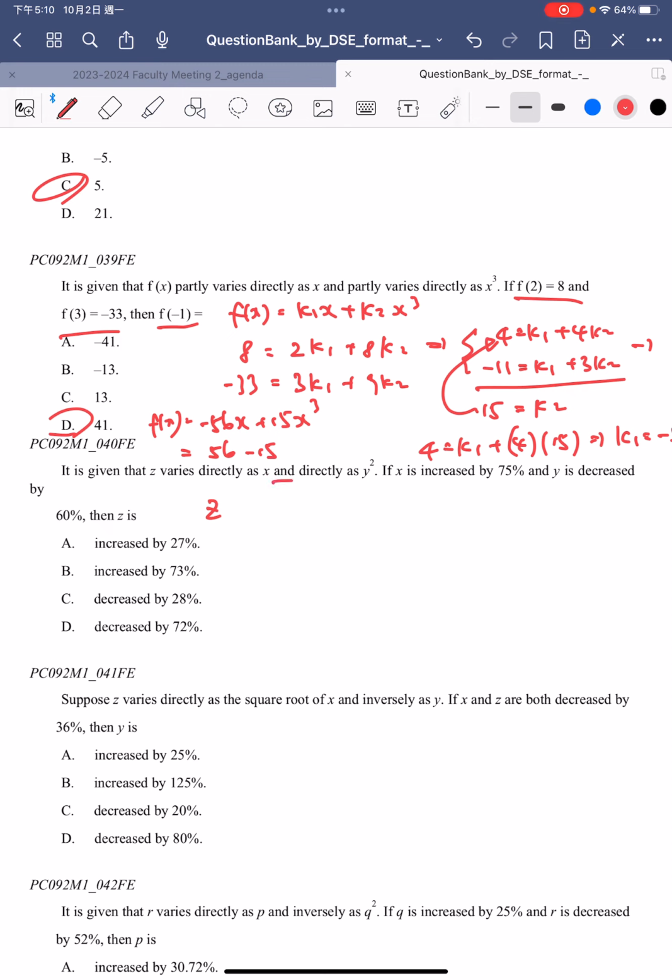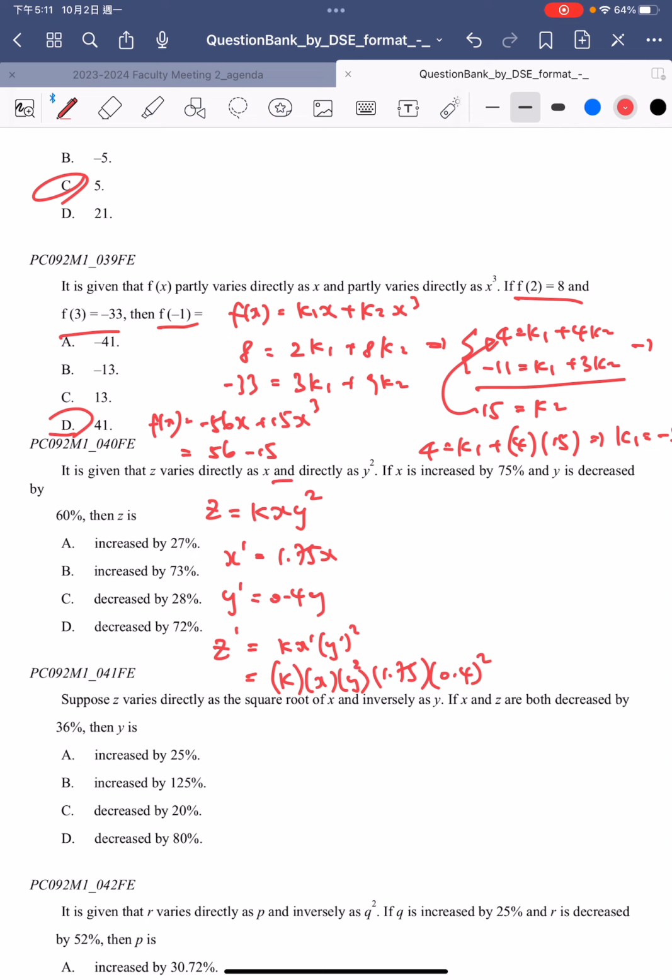Question 40, we have z varies directly as x and directly as y squared. It's not partly variation, it's joint variation. So z is equal to kxy squared. We have x increased by 75% and y decreased by 60%. So the new x is 1.75x and the new y is 0.4y. The new z is k times new x times new y squared, so k times x times y squared times 1.75 times 0.4 squared.